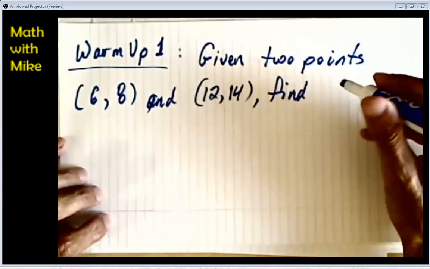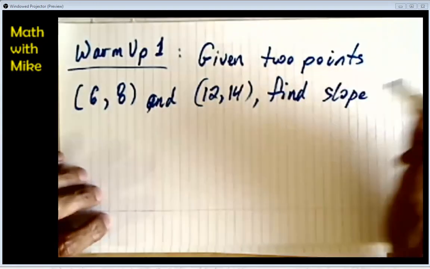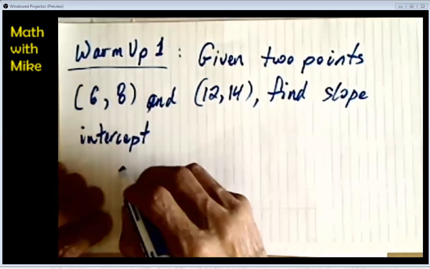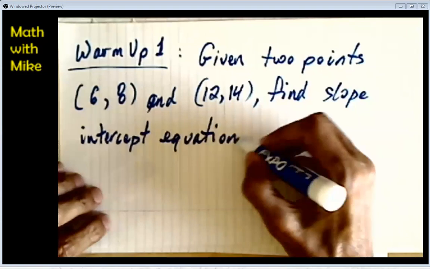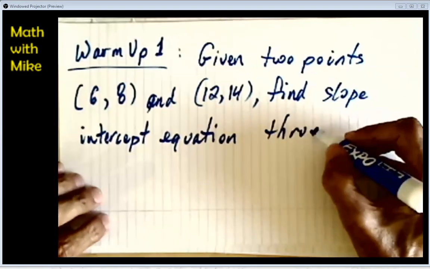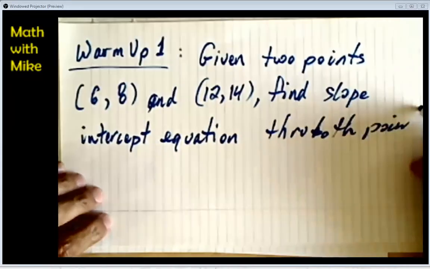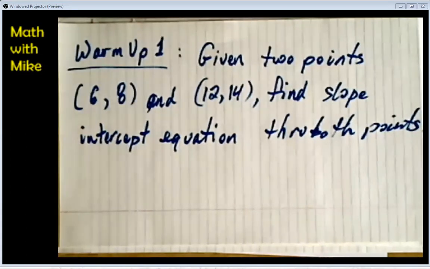Find the slope intercept equation that's passing through those 2 points, through both points. I will pause the video and give you a chance to take care of those.